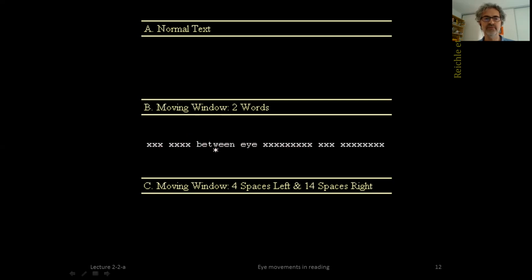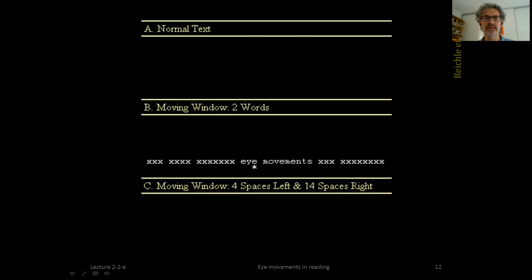And when the eyes move on to the next one, then these two words are shown and the rest is replaced with X's. What this means is that the display is changing all the time depending on where you're looking at. If you're a participant in this experiment, you don't realize that almost all the text you're looking at is X's because every word you fixate will be presented normally.